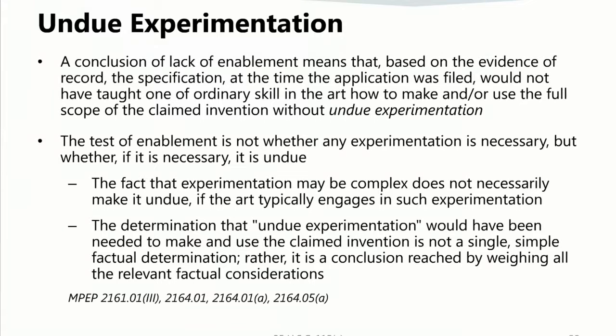The term undue experimentation does not appear in the statute, but it is well established that enablement requires that the specification teach those in the art to make and use the invention without undue experimentation. The amount of experimentation that is considered undue is often art-dependent.